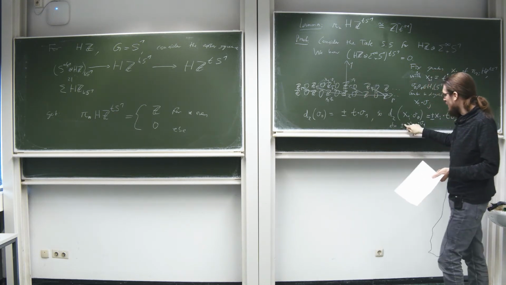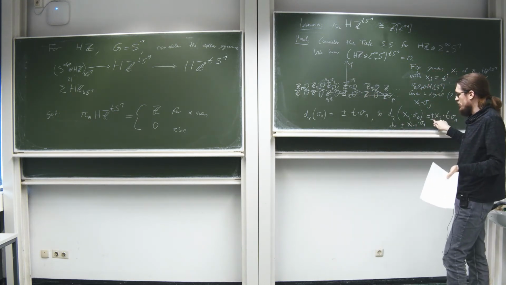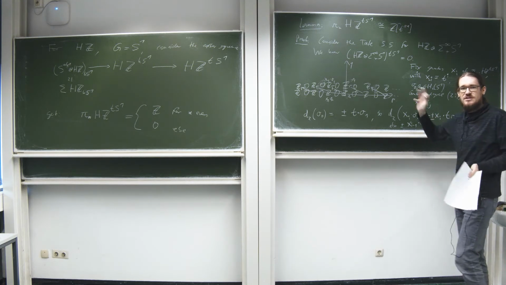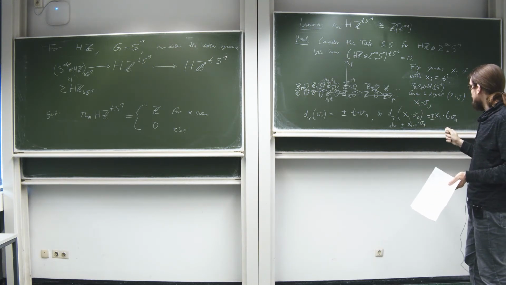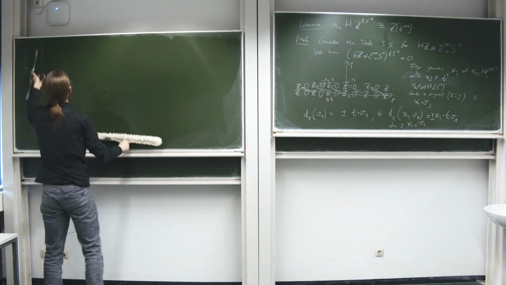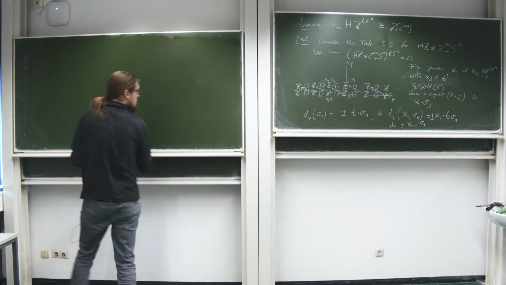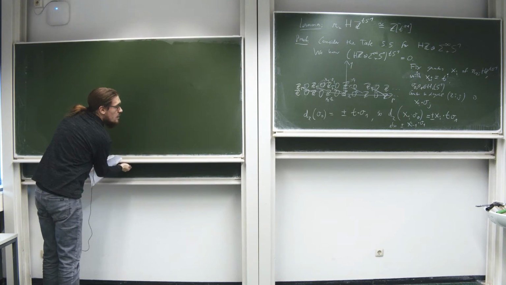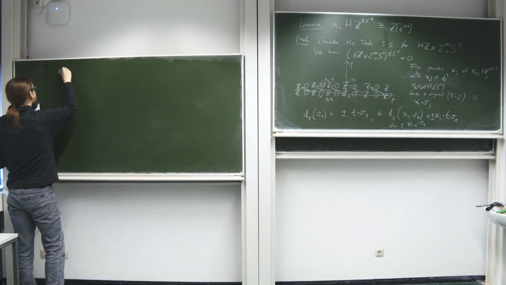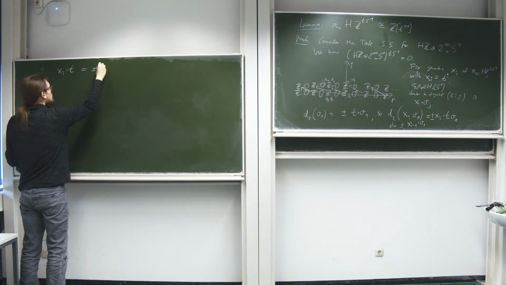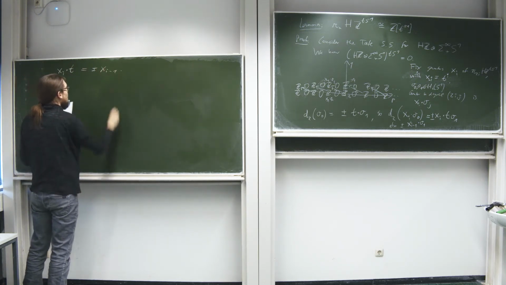And the sign we're getting here might be different from the sign we got here. Again, it depends on how we fix these generators xi. But it certainly tells us that xi times t is up to a sign xi minus 1.